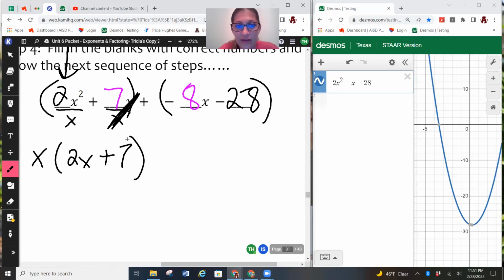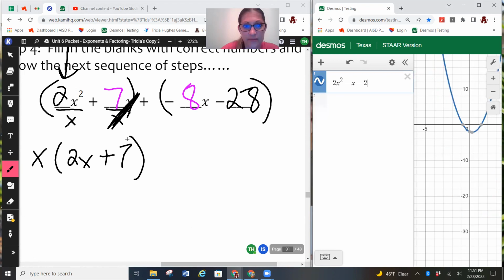Now I have a negative 8x and a negative 28. So what do those two numbers have in common? So not a negative 8. I bet they have a negative 4 in common. Let's check.